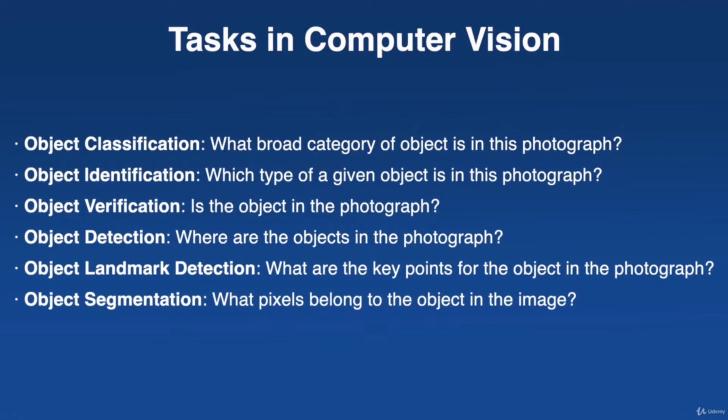Object verification, is the object in the photograph. Object detection, where are the objects and their bounds in the photograph. Object landmark detection, what are the key points for the object in the photograph. Object segmentation, what pixels belong to the object in the image.